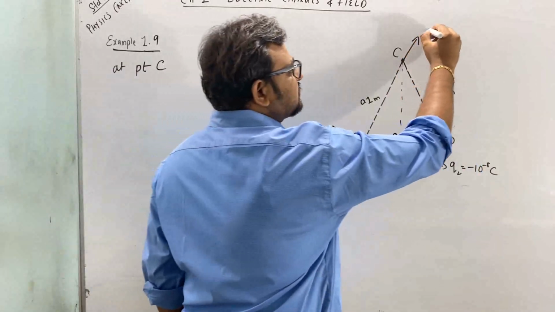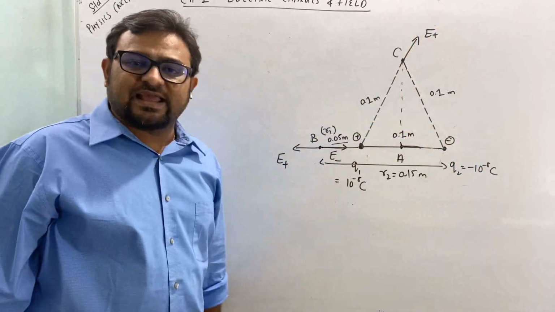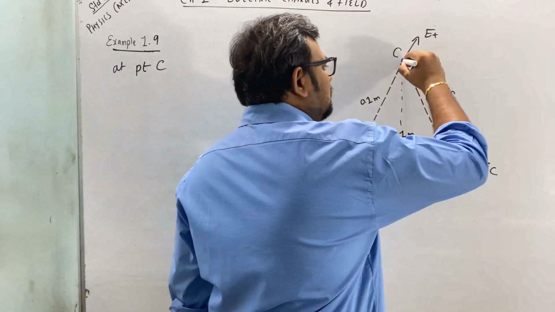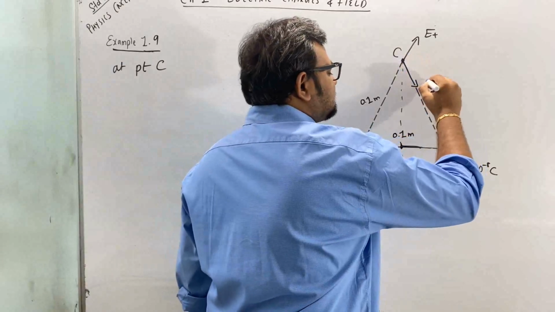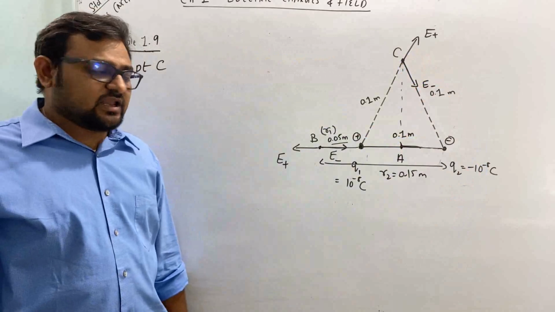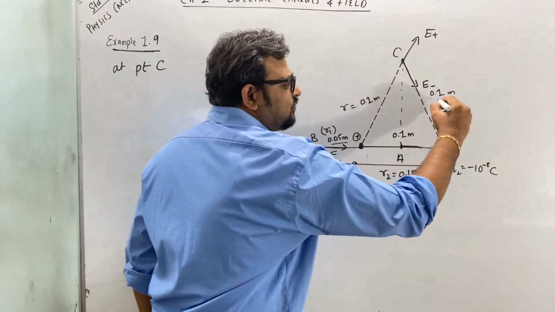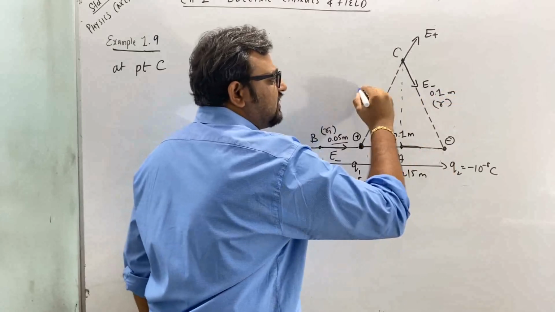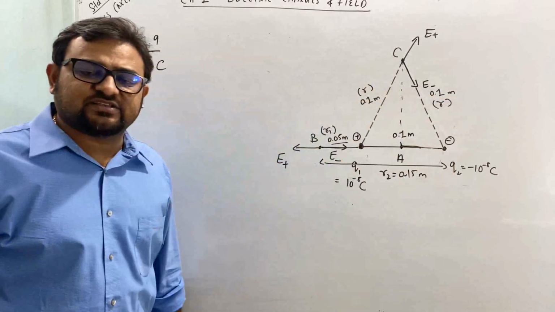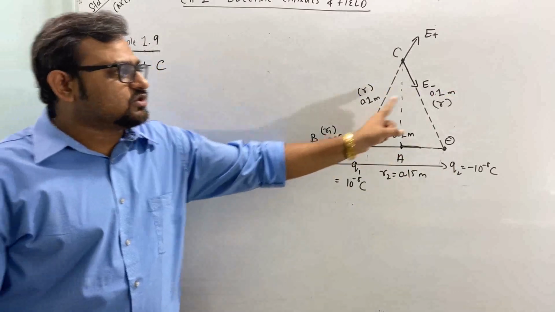This is the direction of E plus, and this is negative charge, so this is the direction of E minus. Clear? Now in both cases the distance is same, so I can take both as R. In the previous case it was different, so I had taken R1 and R2. But here both are same.